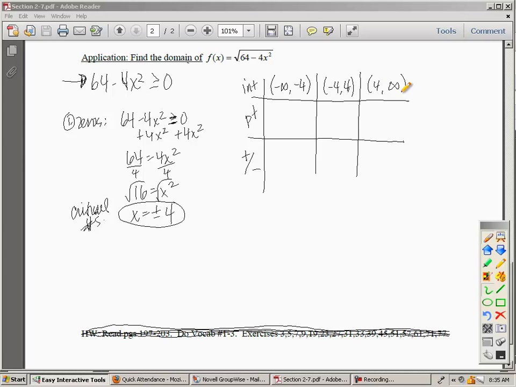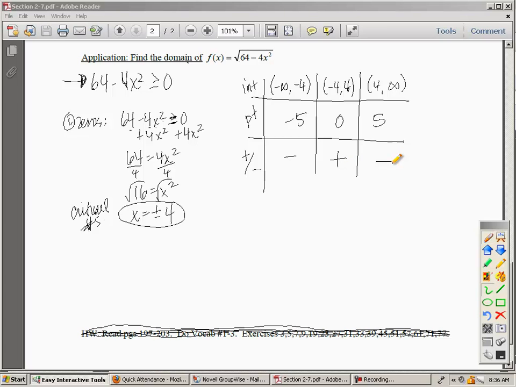Okay, and again, you can pick any values you want within those intervals. I go for the easier ones. I'm going to pick negative 5, 0, and 5. And if I stick 64 minus 4x squared into my y equals, then you can help find your table. At negative 5, I get a negative value. At 0, I get a positive value. And at 5, I get a negative value.